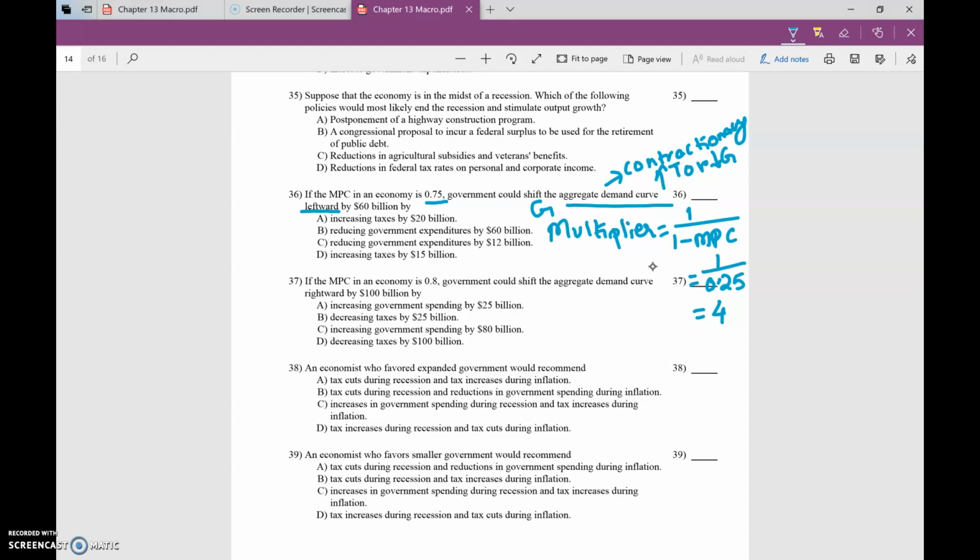So if aggregate demand is going to be shifting by 60 billion here, let me try to do it in an MS Word file and show it to you.